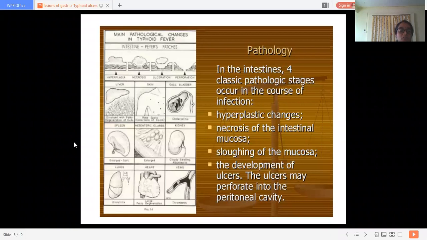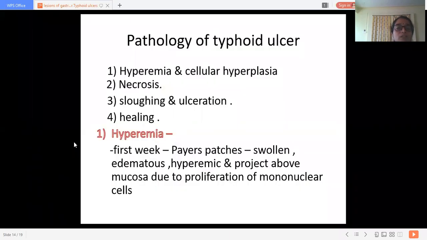All these changes are associated with the pathology of typhoid ulcer. The four stages are hyperemia or cellular hyperplasia, necrosis, sloughing and ulceration, and later healing.